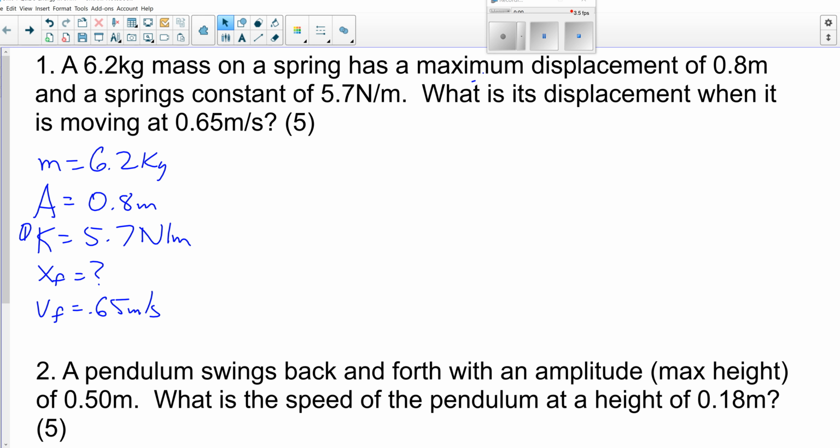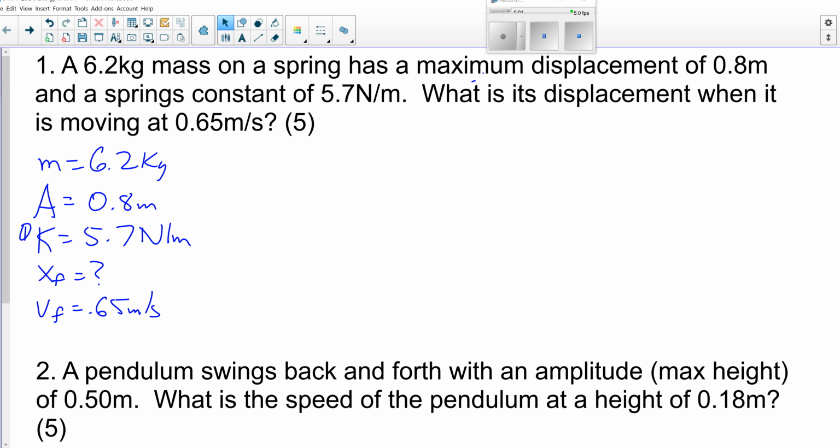All right, what kind of problem are we dealing with here? It's a conservation of energy question. We know that the energy it has at its maximum amplitude, which is all potential, is equal to the total mechanical energy at this second position where they want to know the displacement.